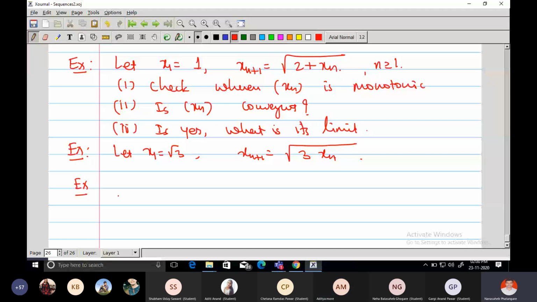Now one more: x_1 is equal to 1, x_2 is equal to 2, and x_{n+1} is 1 by 2 into (x_n plus 2 upon x_n).